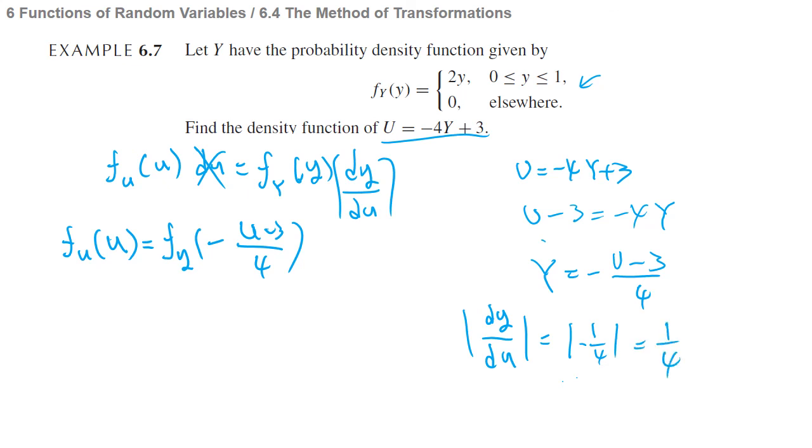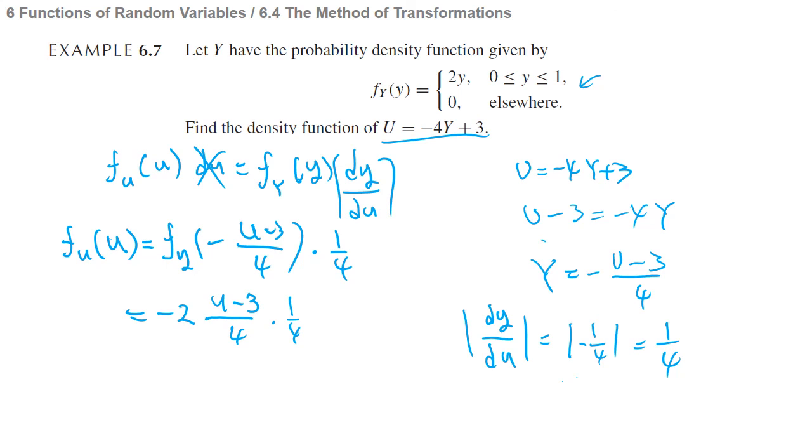It is 1 over 4, so times 1 over 4, and this is 2 times negative (u minus 3) over 4, times 1 over 4.